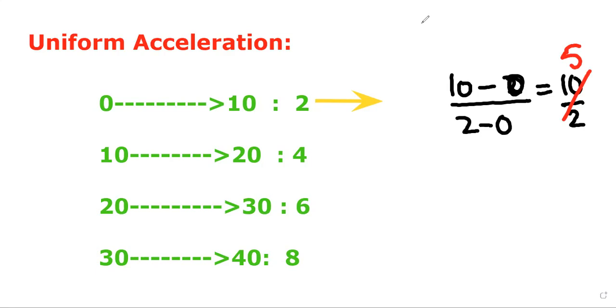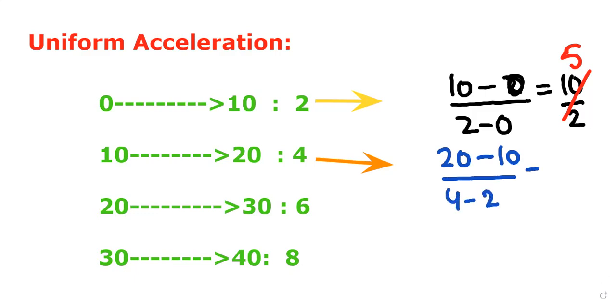For the second interval, it is 20 minus 10 and the time was 4 minus 2, so 20 minus 10 is 10, 4 minus 2 is 2, again it would be 5.